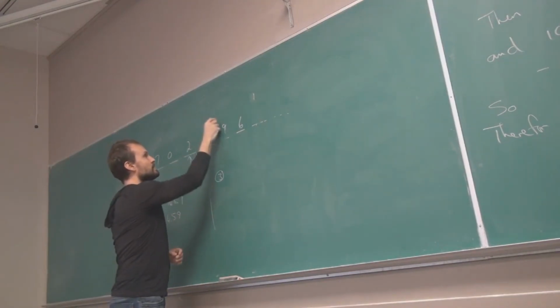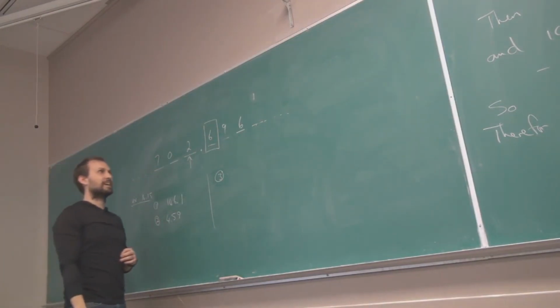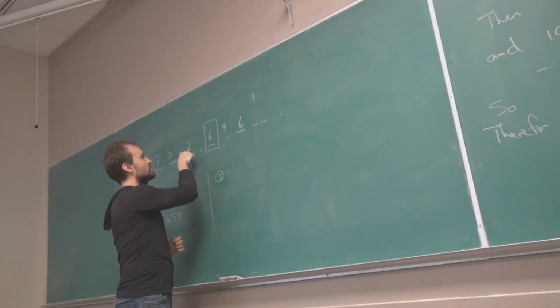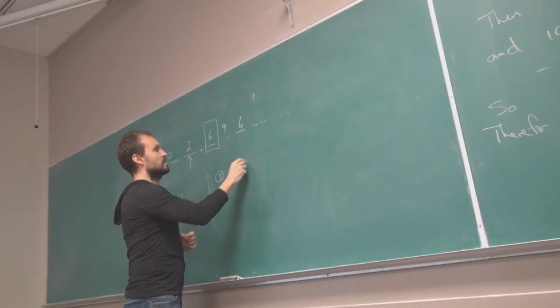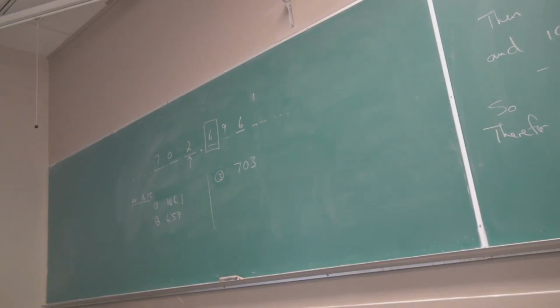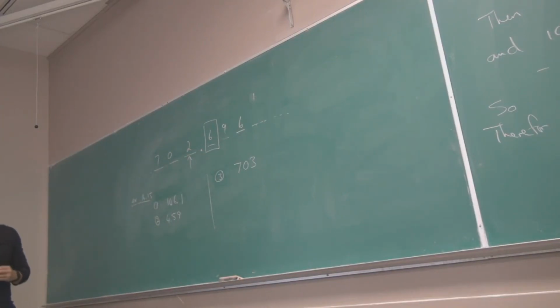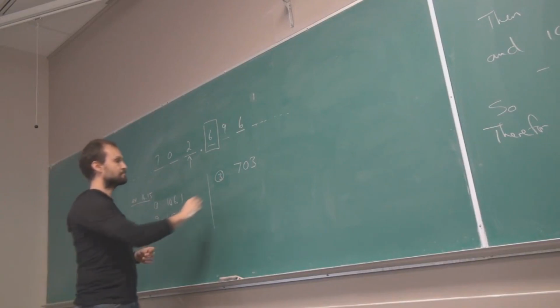Look 1 to the right. It's among the 5 to 9 digits, so I increase that by 1, and the answer is 703. Now, that rounding is common. So I look always to the one on the right of the place I'm rounding to.